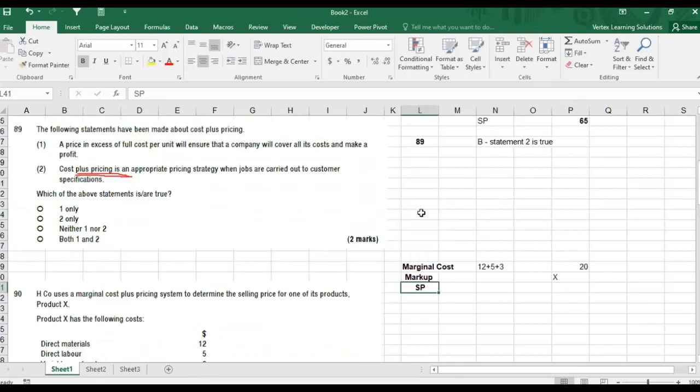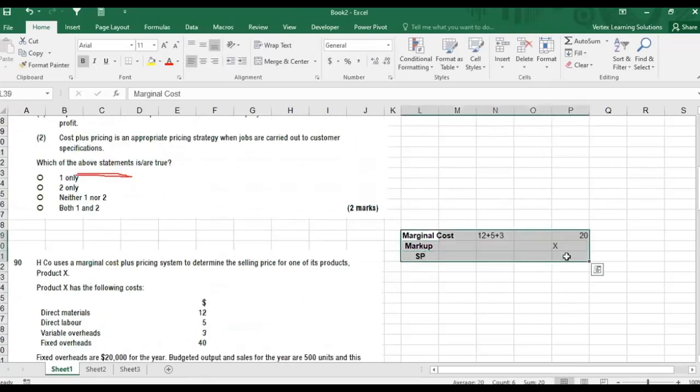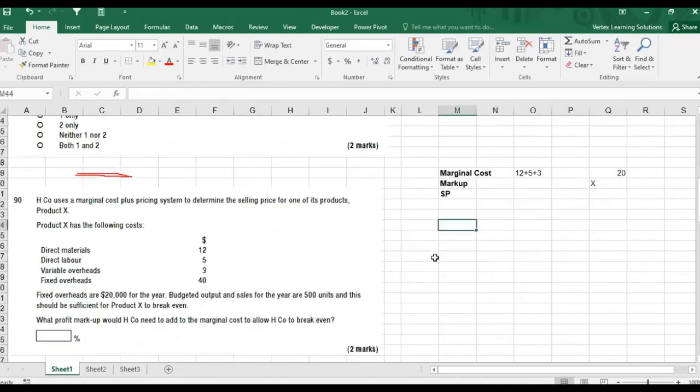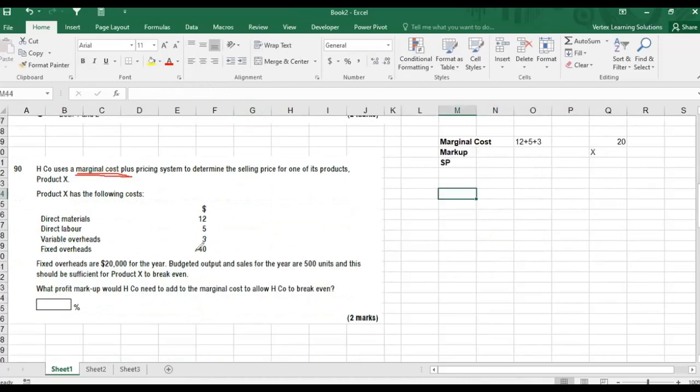Now, what we should be doing in this question, always remember, never think about fixed cost per unit. This is a very dangerous thing, because fixed overhead per unit is calculated by your fixed overheads divided by whatever output is there.